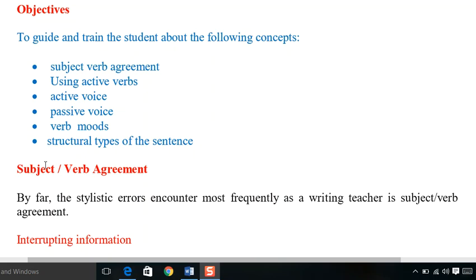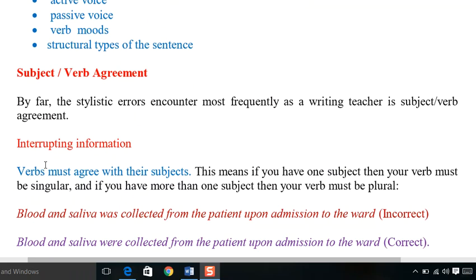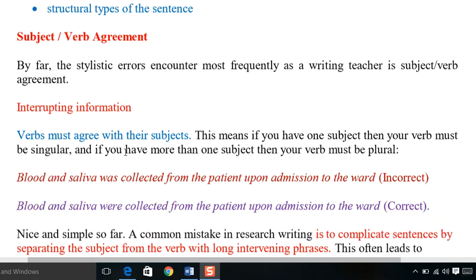Subject verb agreement is a very important thing, and most people make mistakes, especially when writing scientific text, because they do not understand the nature of the subject and the verb, and it results in interrupting information. When we use a wrong subject and wrong verb that do not correspond with one another, they often cause confusion.